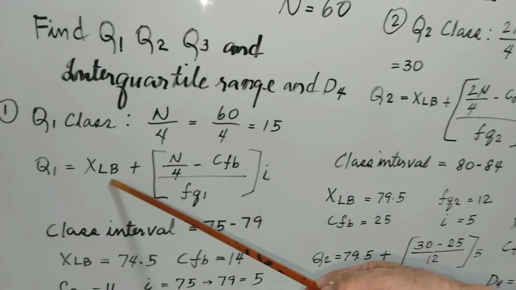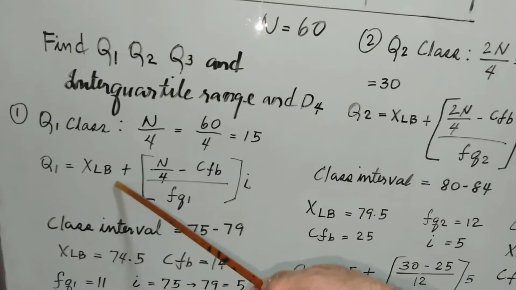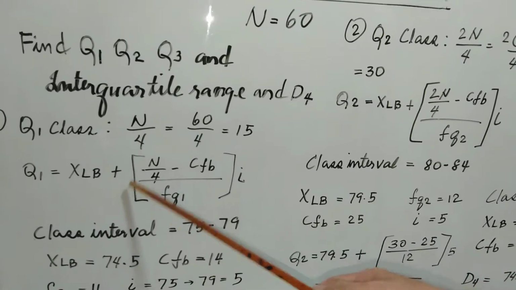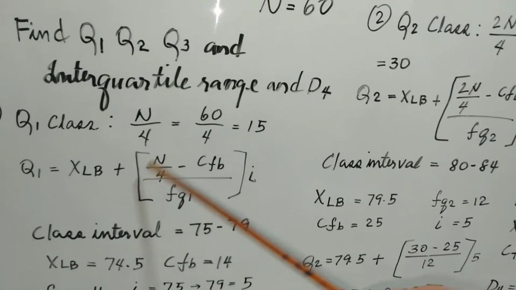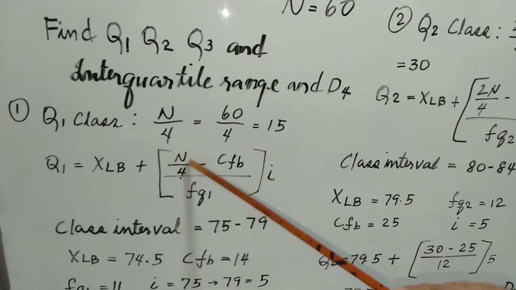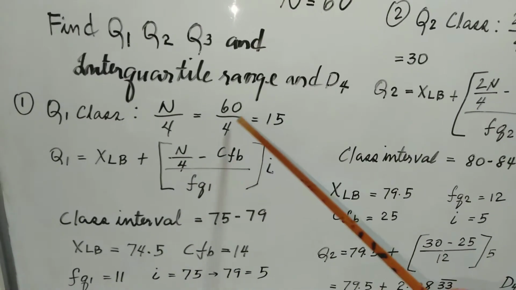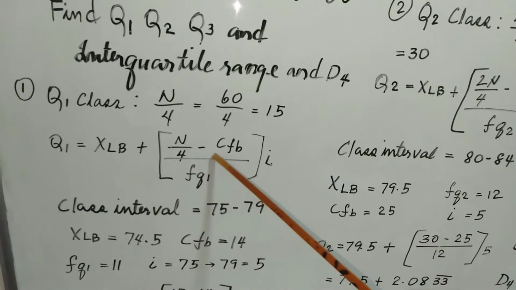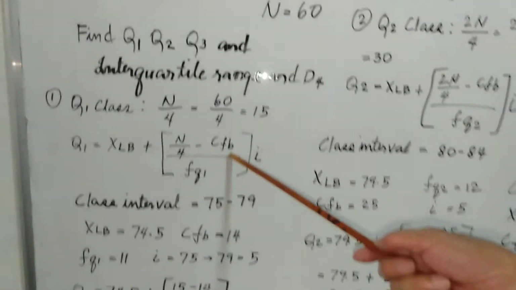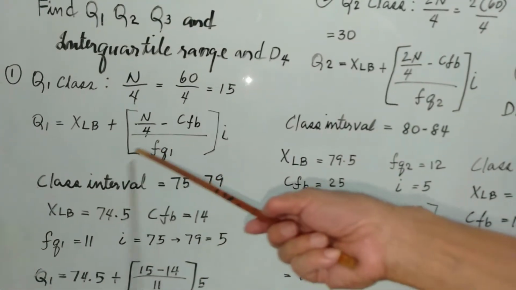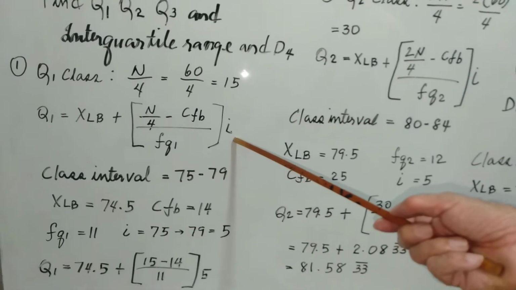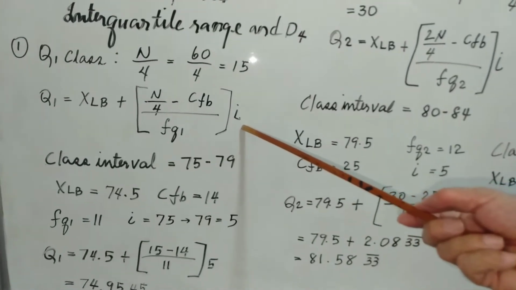XLB will be the lower bound of the scores plus the first quartile class, which is 15, minus the lower bound of the cumulative frequency, over the frequency for the first quartile, times the index, the class interval size.